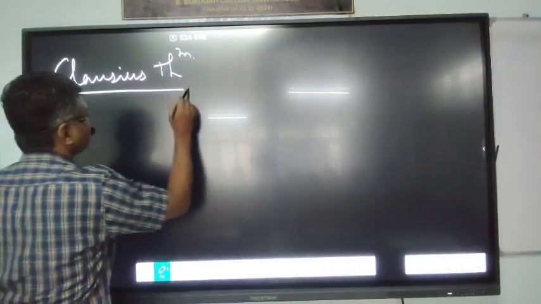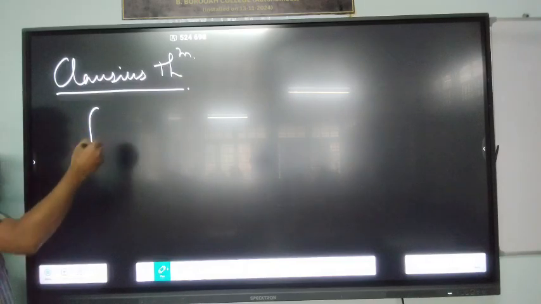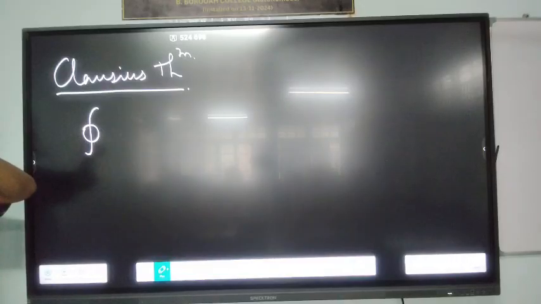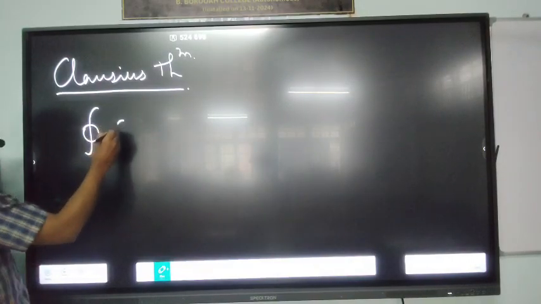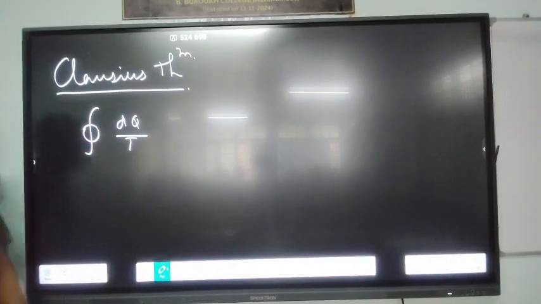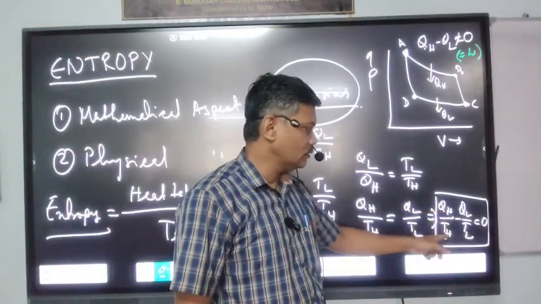Clausius theorem says that if you take a reversible process, and in that reversible process you go through a complete cycle, for example the Carnot engine, going from A to B, C, D and back to A, then during this one complete cycle the small amount of heat taken divided by T is the term, because this is entropy. Entropy is the heat divided by the temperature.